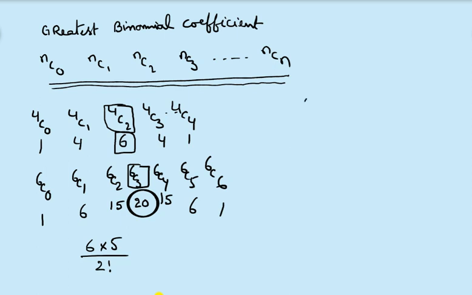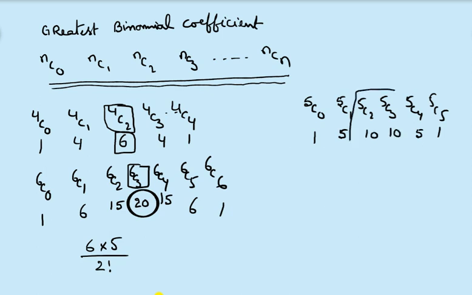So observe here, in case of odd number, 5C0, 5C1, 5C2, 5C3, 5C4, 5C5. 5C0 and 5C5 value is 1, 5C1 is equal to 5, 5C4 also 5, 5C2 is equal to 10, 5C3 also 10. In case of odd, there are two coefficients that are greatest, those are 5C2 and 5C3.